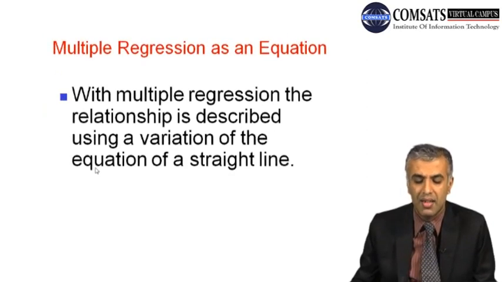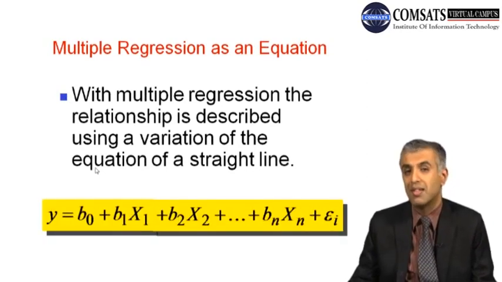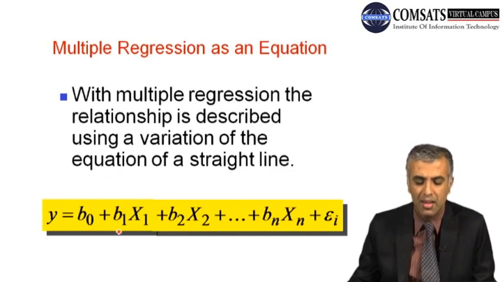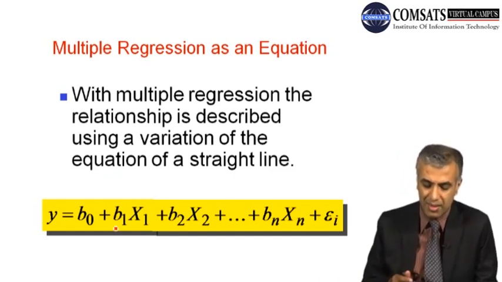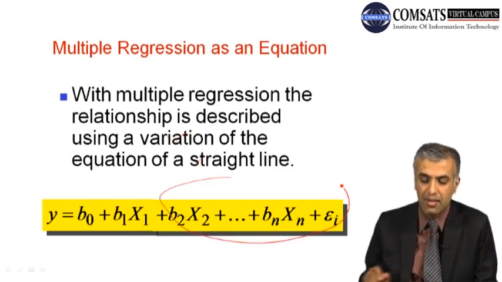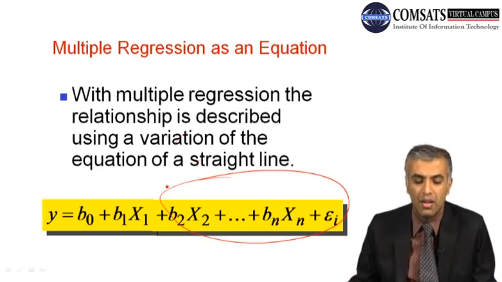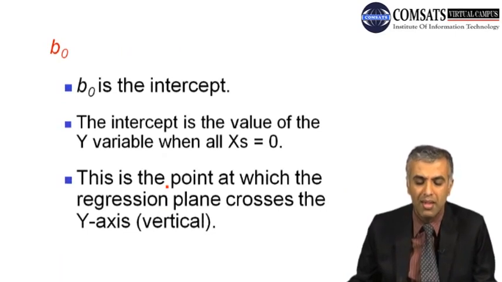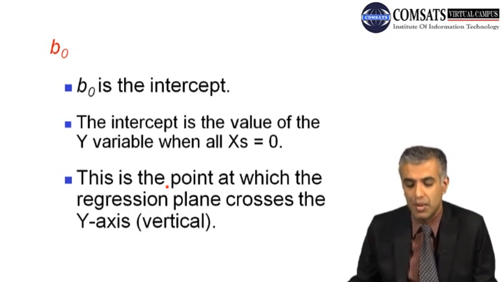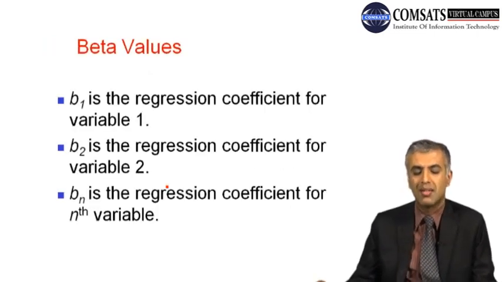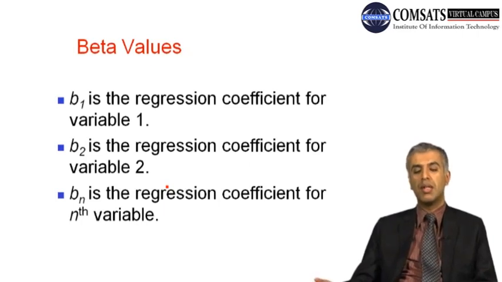Then we discussed multiple regression as an equation, how this equation is presented, and as you can see here, we extend the equation, and the rest of the values are related to the other variables. The interpretation of B naught is given, what the beta value is, how it is termed as the intercept, and why it is important. Then what is the implication of the beta 1 value, beta 2, and beta n, and how they are important in this case.